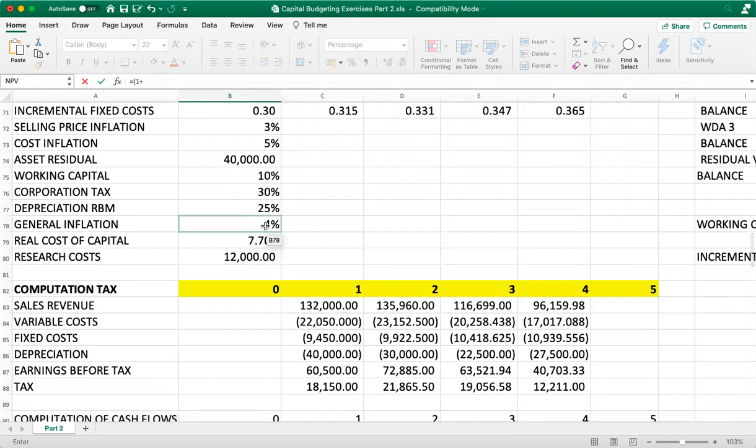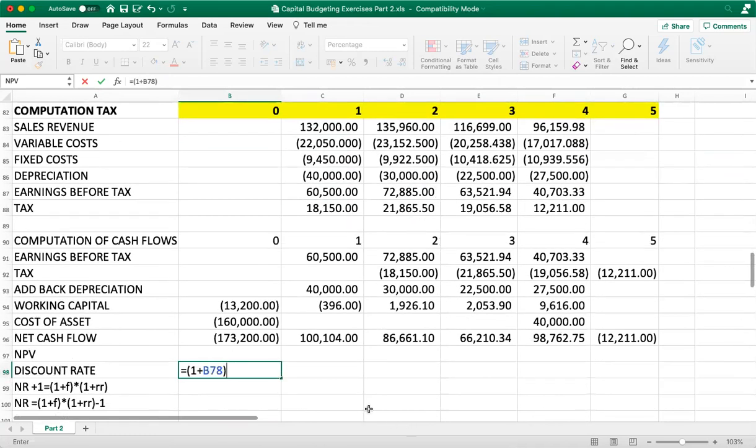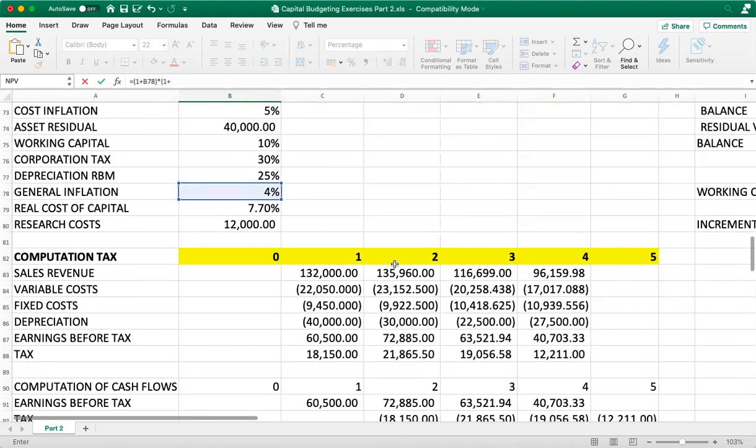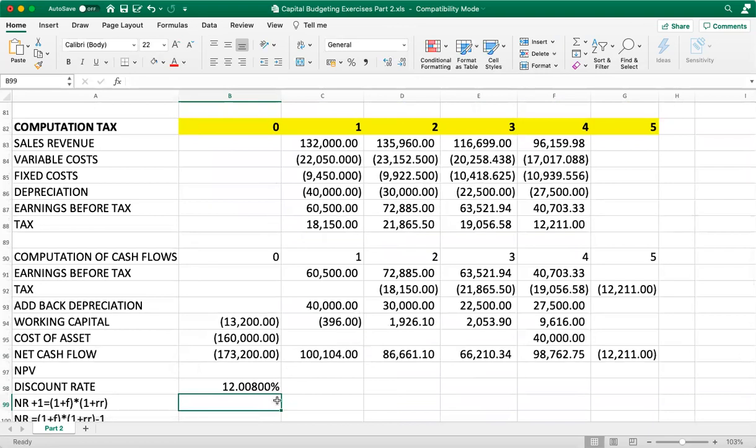Inflation rate is 4%. Close the bracket. One plus the real rate, which is 7%. Close that bracket. Minus 1. So it is 12%.